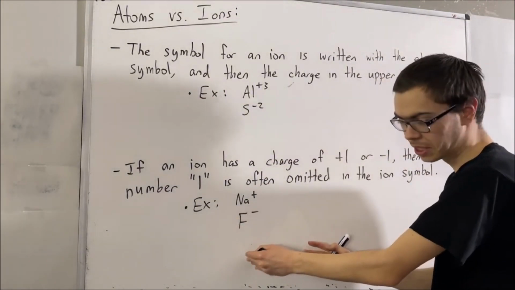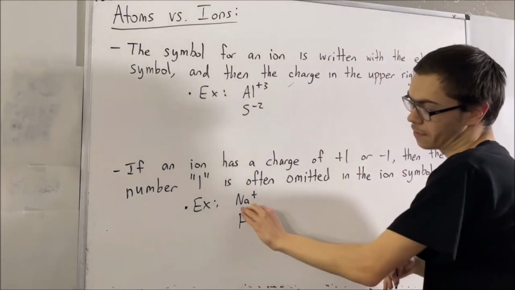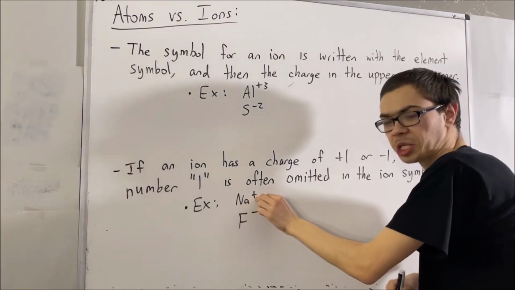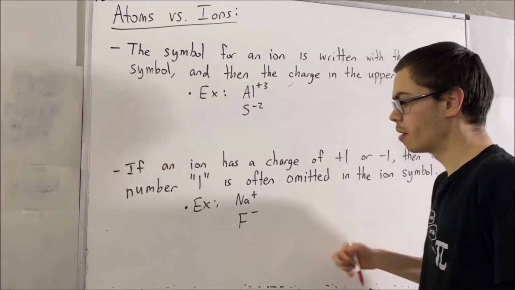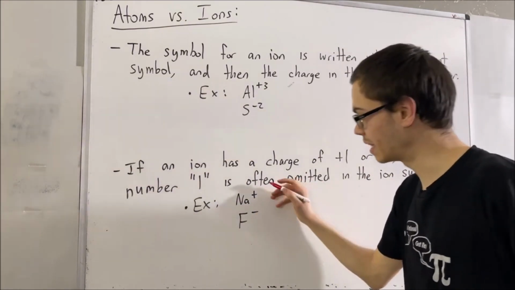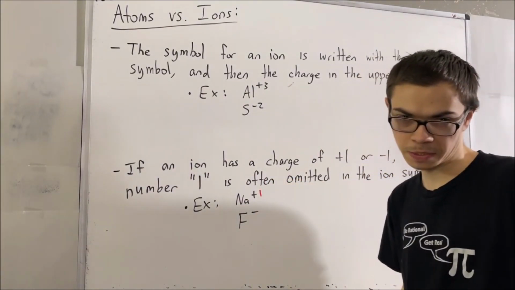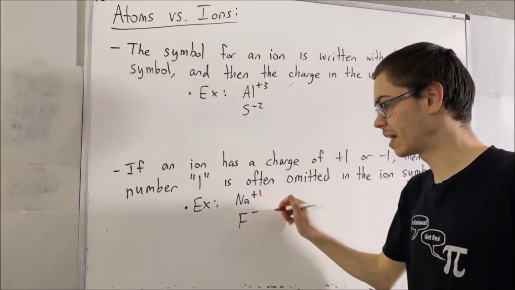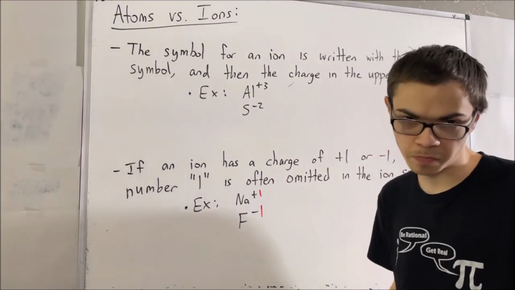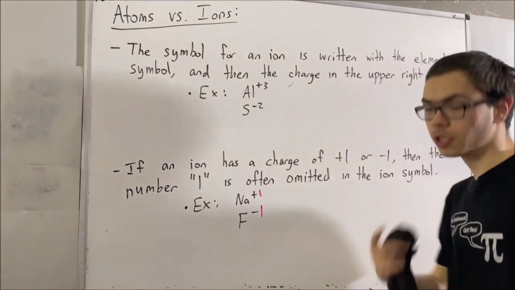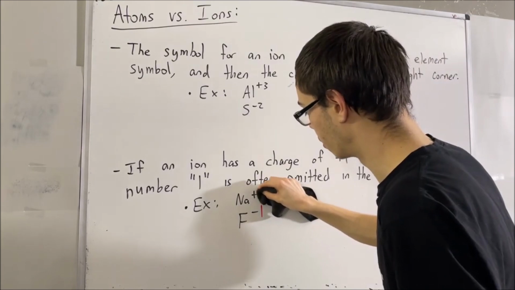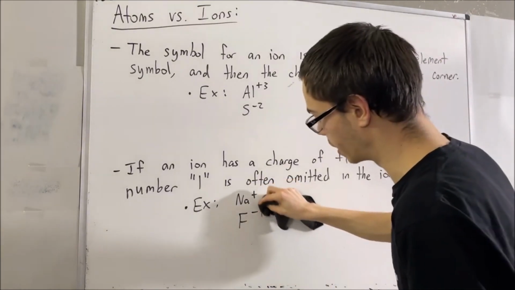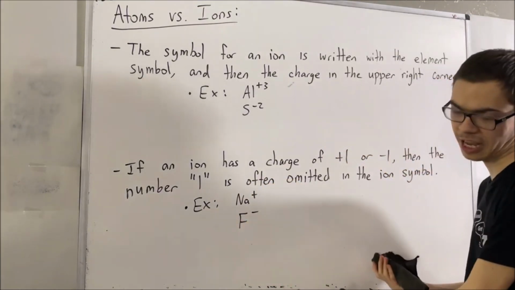Notice, again, we have the element symbol, and then the charge in the upper right corner. But really, the plus sign means a +1 charge. Similarly, the minus sign means a -1 charge. It's just that you'll often see the number 1 omitted.